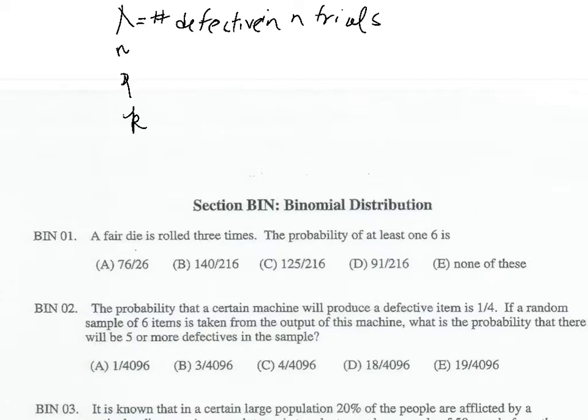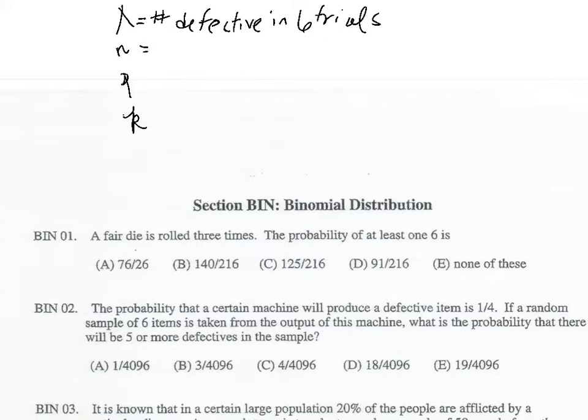Number of defective items in how many tries? 6. Okay, so we're going to look 6 times.